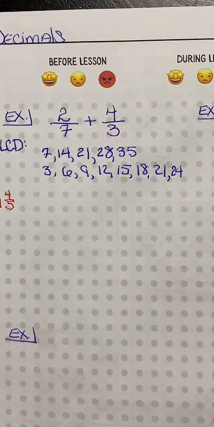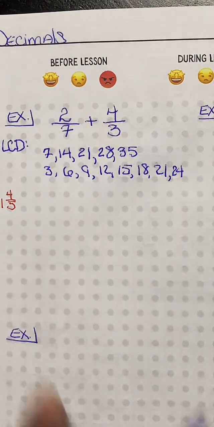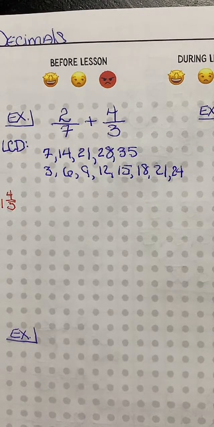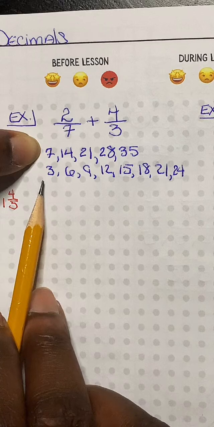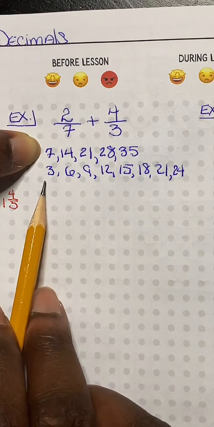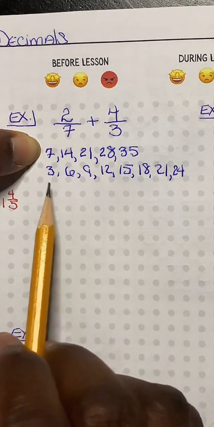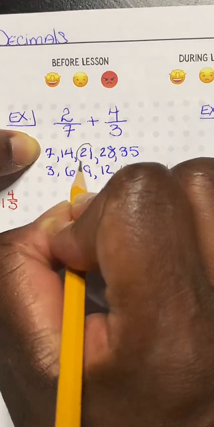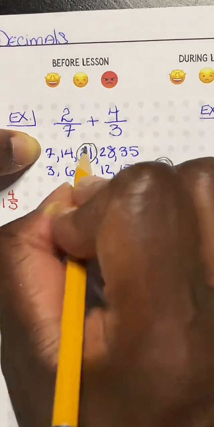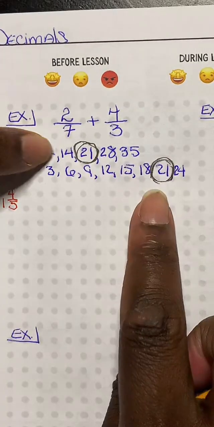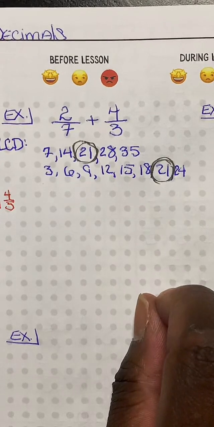Okay. Now, I could keep going, but I want to know what will be the least common multiple that they both have in 7 and 3. If I take a look, they both have 21 in common.